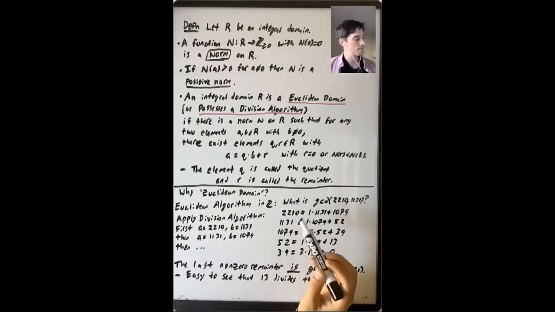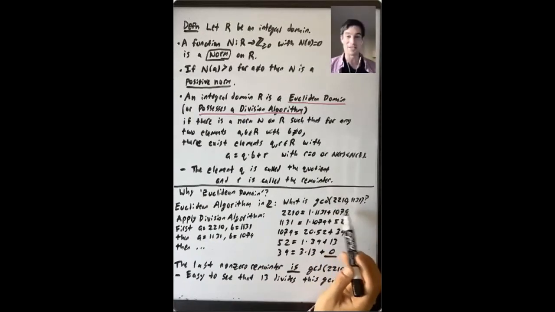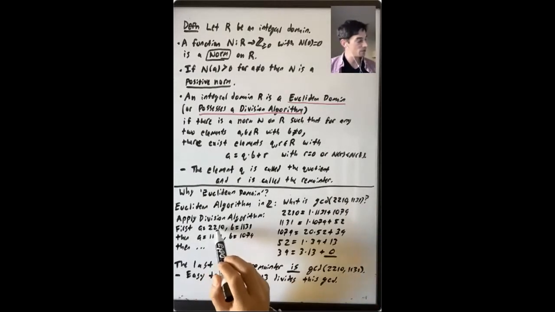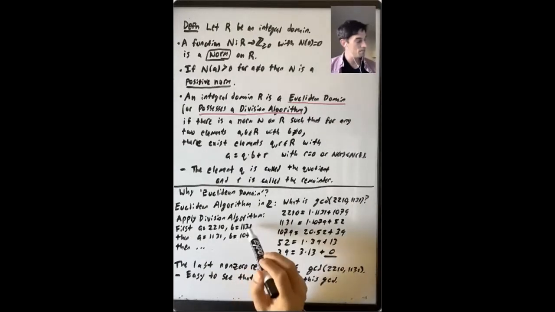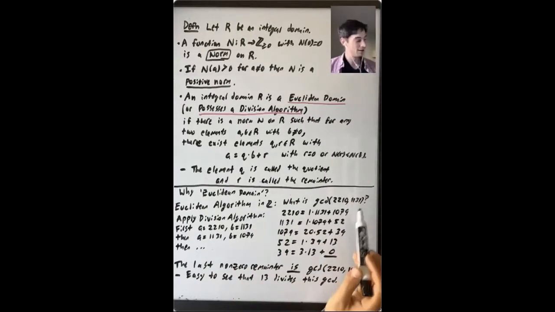So what happens here? 2210 is 1 times 1131 plus 1079. So first, we applied the division algorithm with A equals 2210 and B equals 1131.